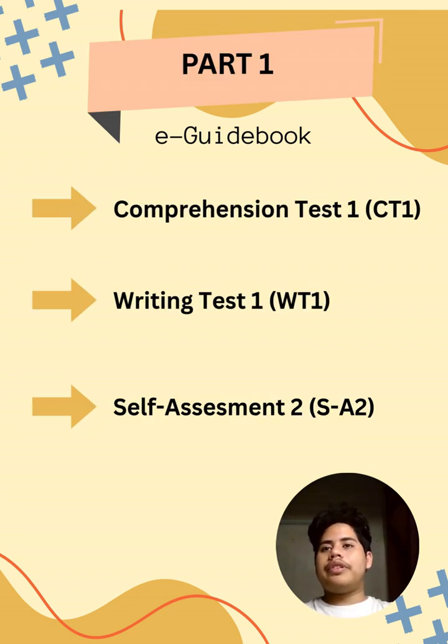After the students finish answering the first self-assessment, they will start with part 1. But it must be explained here that it does not mean that after the students answer the first self-assessment, they are required to take the comprehension test and writing test immediately.